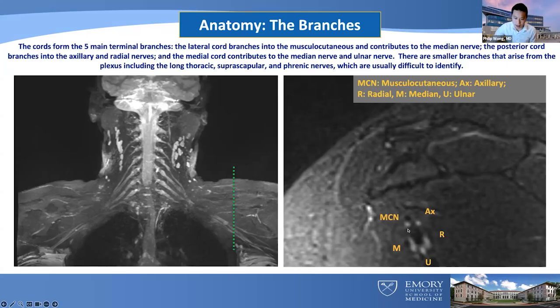The lateral cord splits into the musculocutaneous nerve and sends a contribution to form the median nerve. The medial cord also sends a contribution to the median nerve, and the remaining branch is the ulnar nerve. The posterior cord branches into the axillary and radial nerves. So these are the musculocutaneous, axillary, radial, ulnar, and median nerves.